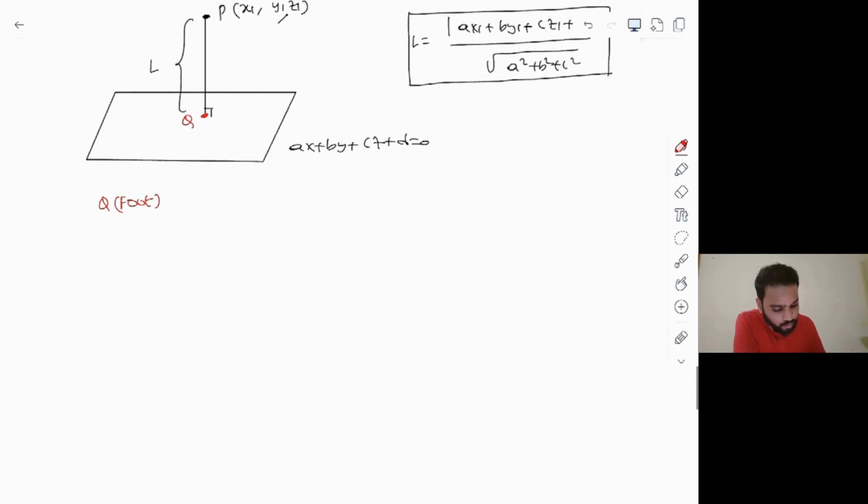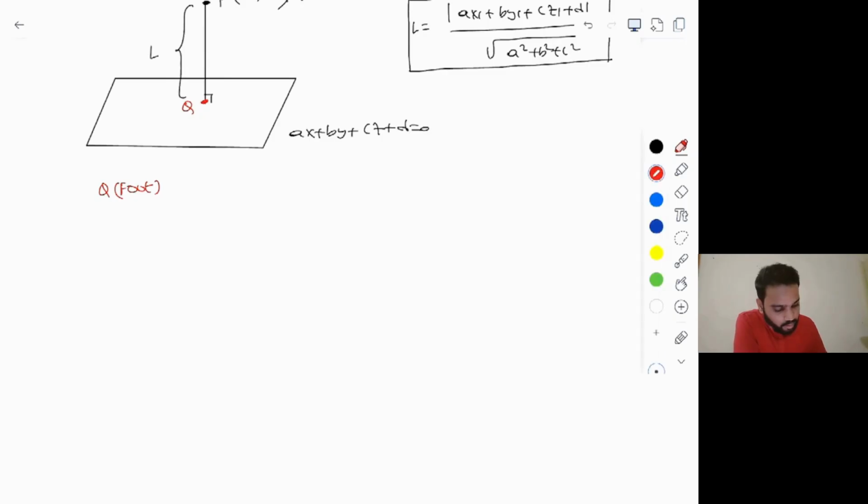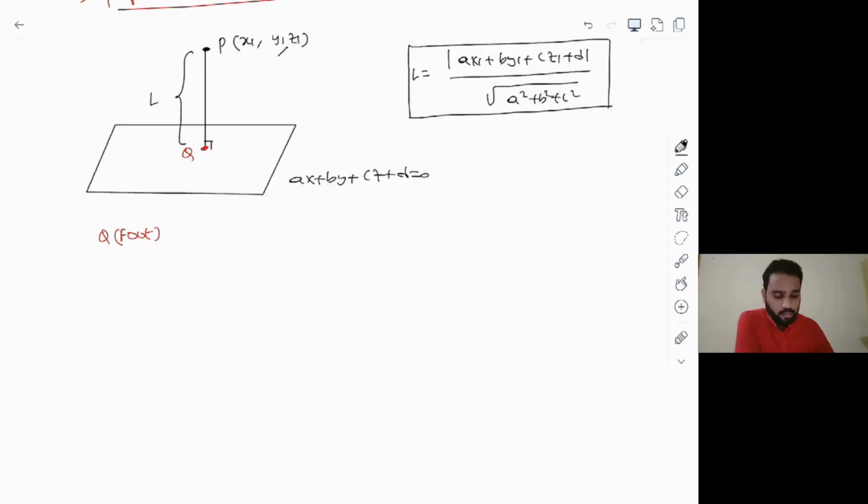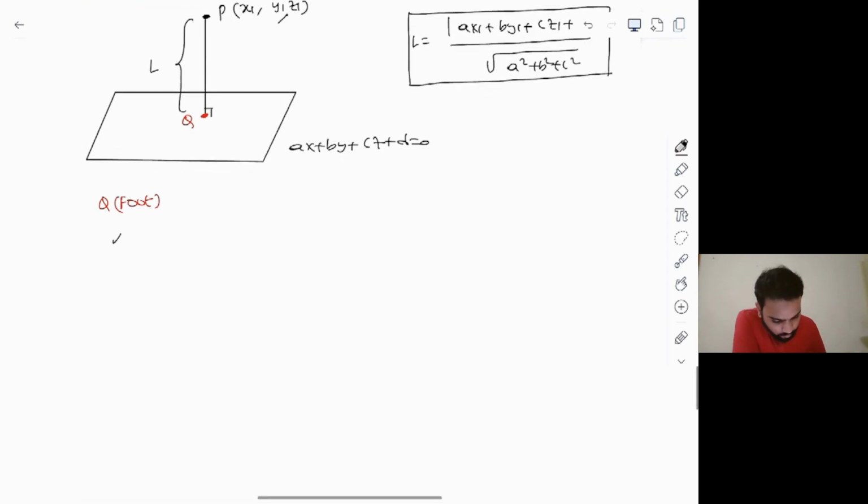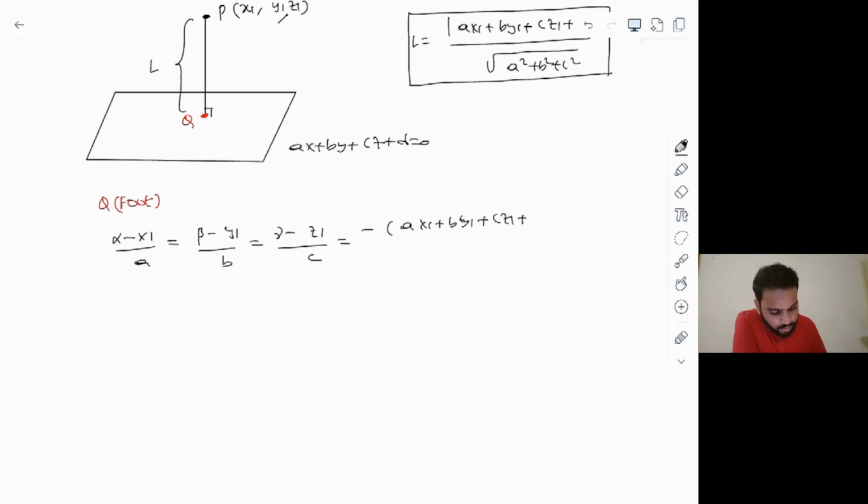Now to find out the foot of perpendicular, we have the direct formula just similar to the foot formula from straight lines. So the foot formula will be (alpha minus x1) divided by a equals (beta minus y1) divided by b equals (gamma minus z1) divided by c equals minus of (ax1 plus by1 plus cz1 plus d) whole divided by (a square plus b square plus c square).